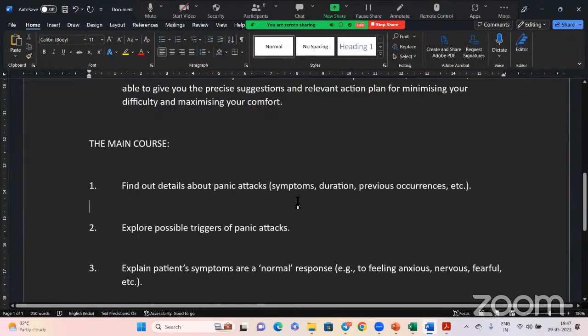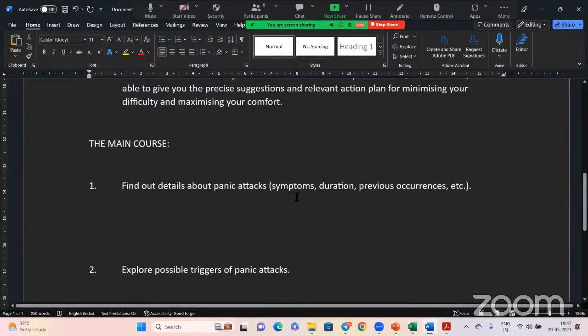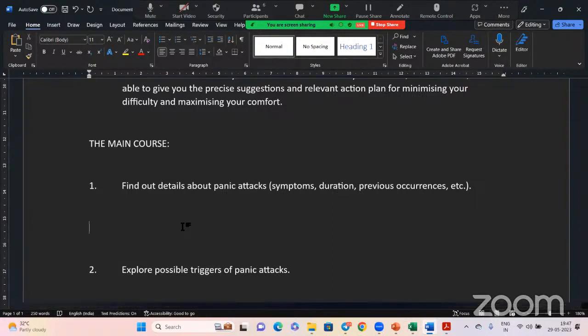Now let us see the first bullet point. Find out the details about panic attacks, symptoms, duration, previous occurrences, etc. So how are you going to frame these questions? Have you noticed any signs and symptoms?